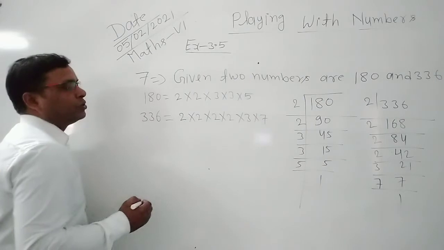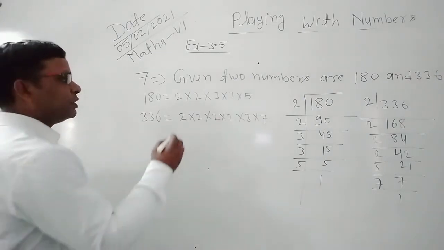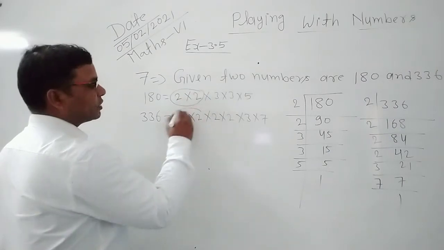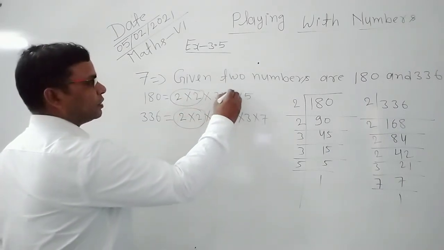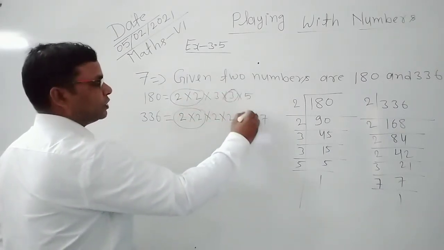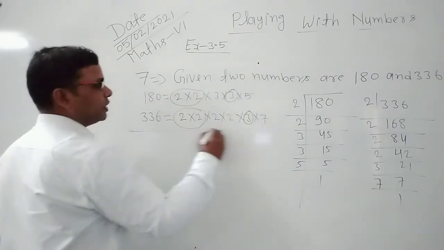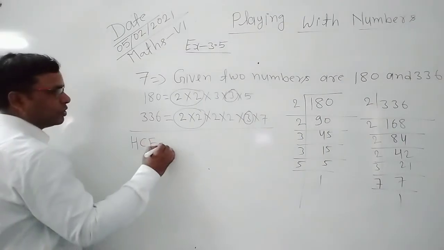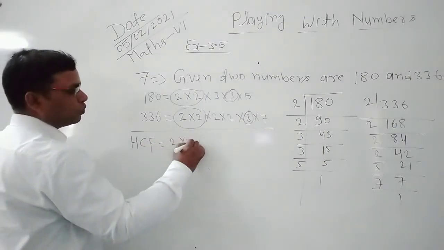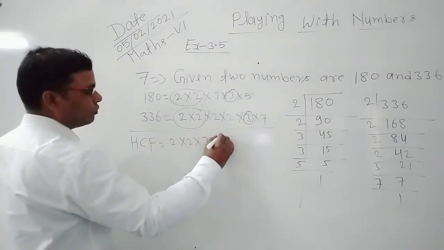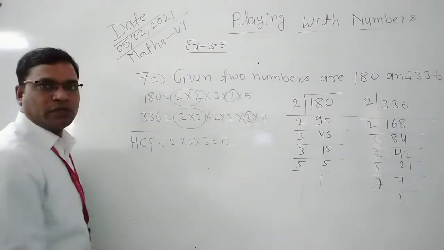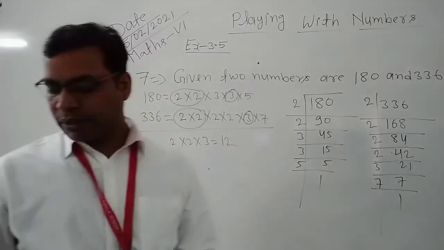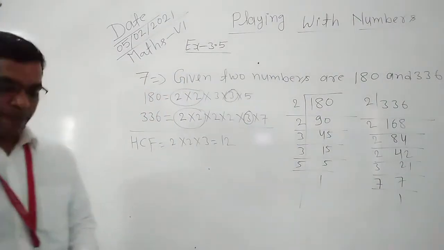So what is common between them? You can see 2, 2 is common, and 3 is also common. So HCF is equal to 2 into 2 into 3, which is 12. 2 2s are 4, 4 3s are 12. This is the HCF of the two given numbers.